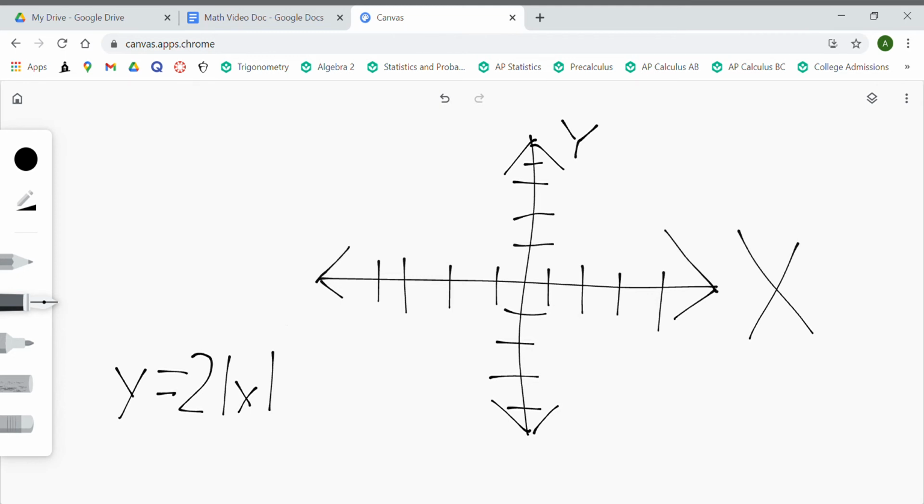And that means we need to do a vertical stretch because it's greater than 1. What's the vertical stretch factor? It's right there. It's 2. So for every unit x we increase by 1, we increase 2 units of y. So we should have a very narrow V right here.